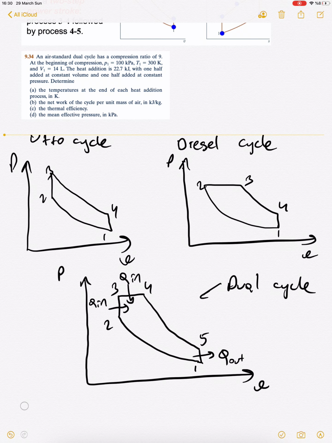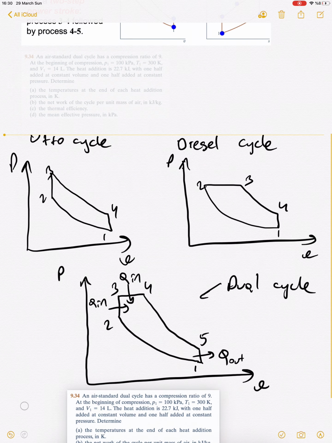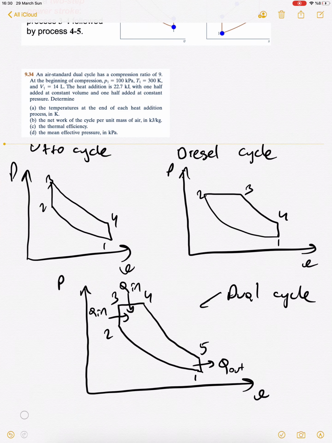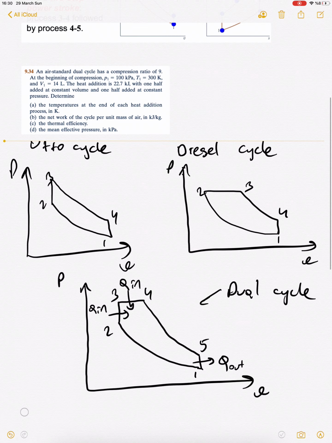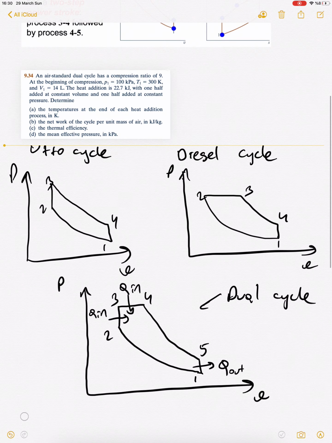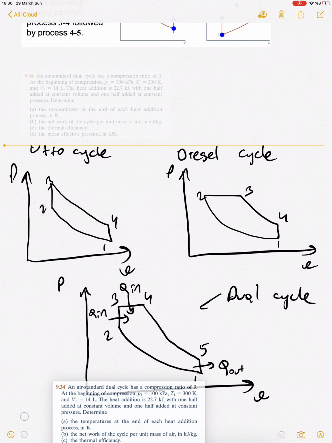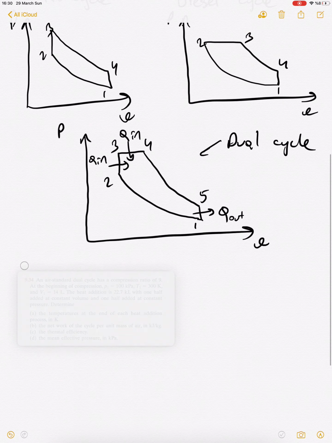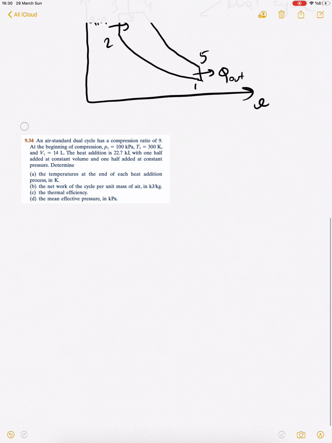Now if you look at our example, an air standard dual cycle has a compression ratio of 9, and at the beginning of compression we have 100 kilopascal, T1 300 Kelvin, V1 is 14 liters, so this is a huge engine.